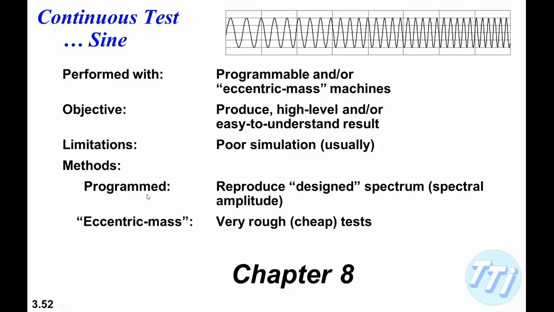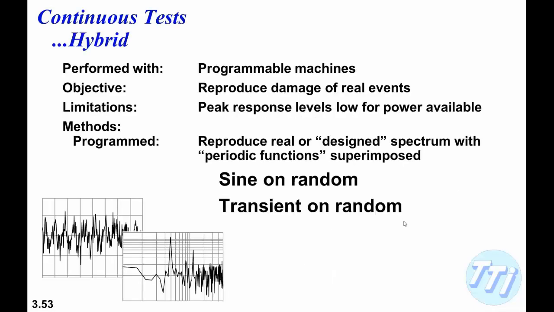The methods to do sine testing are programmed using electrodynamic shakers, and we design and make up a desired spectrum, and we program the spectral amplitude as a function of frequency, and then the eccentric mass is for very rough or cheap tests. And then, of course, we've got hybrid tests, and there are lots of those that have been developed over the years.